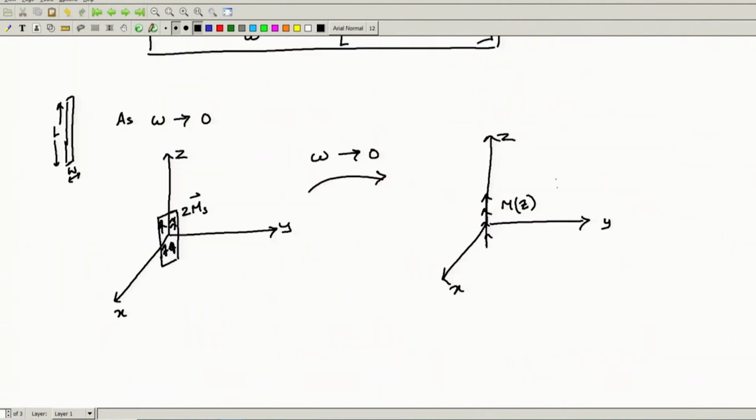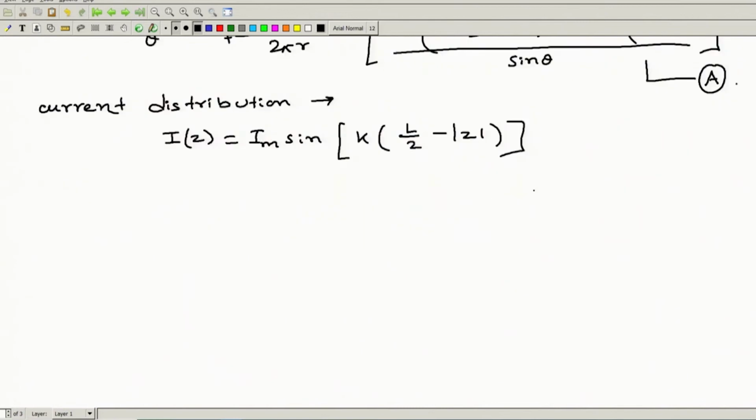now the radiated field for this figure for Mz we can write down using duality.